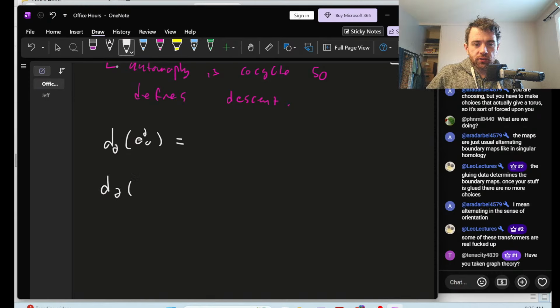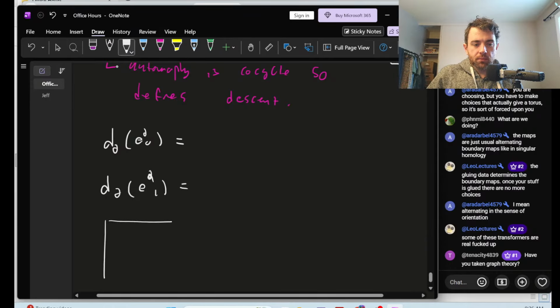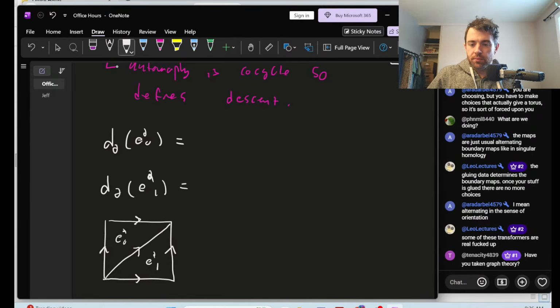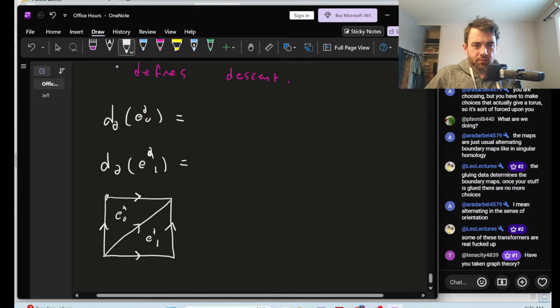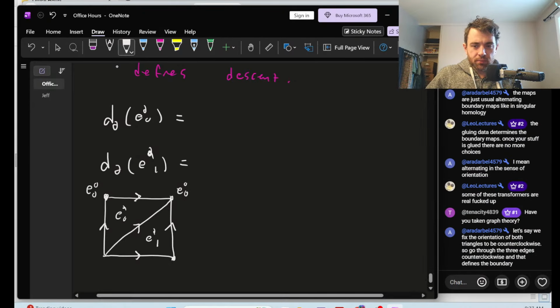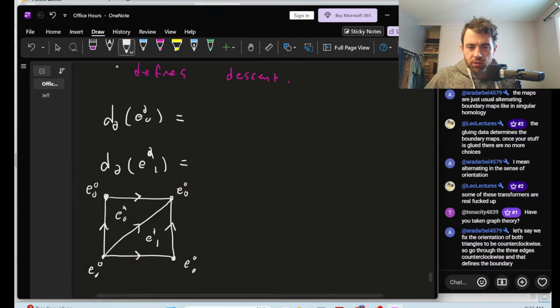Okay, so where do I send E20 and E21? Let's say we fix the orientation of both triangles to be clockwise.